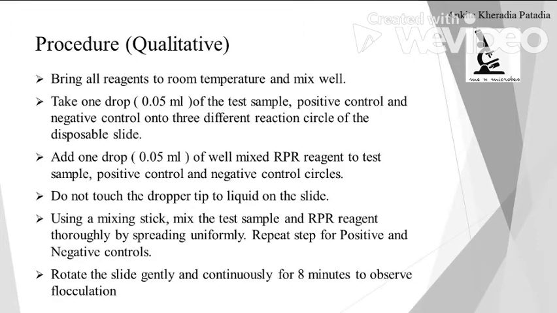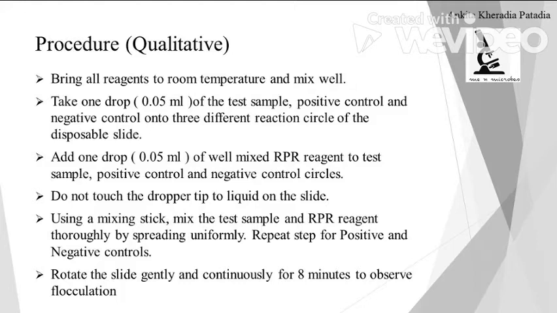The procedure for qualitative analysis is to bring all the reagents to room temperature and mix well before use. Now take 1 drop or 0.05 ml of test sample, positive control and negative control on a previously marked disposable card, and then add 1 drop or 0.05 ml of well mixed RPR antigen reagent to the test sample, positive control and negative control circles.